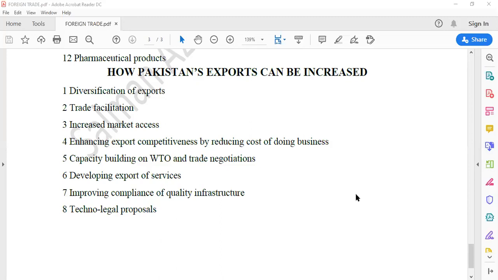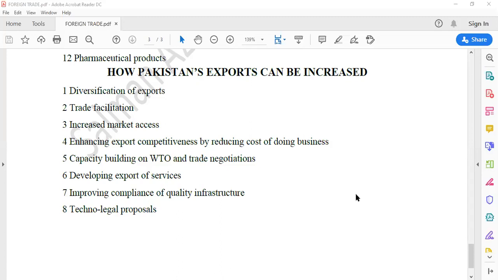We need to increase the competitiveness of our industries by providing them the opportunity of having a low cost of production in the country. More industries will come in like this. They will start producing more and more, meeting the demands of the people of Pakistan, and they will be able to increase the exports by sending those products abroad as well.